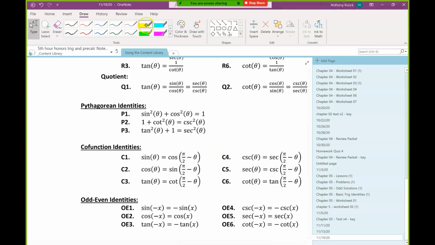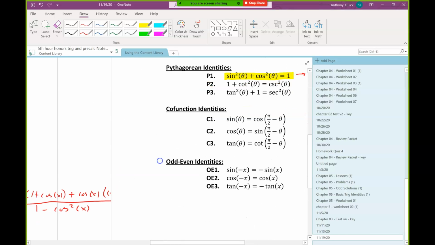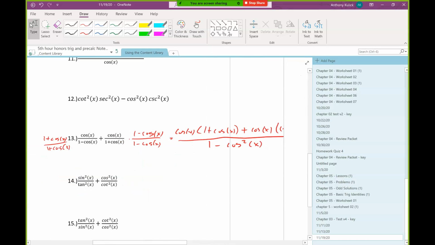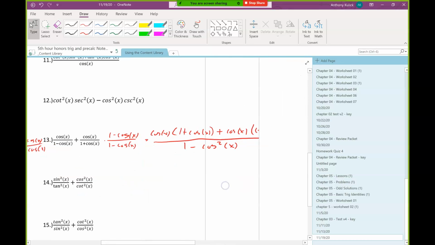So if I look at P1, if I subtract cosine squared from both sides, I get that sine squared is equal to 1 minus cosine squared. So this is what I'm going to use to turn the denominator into sine squared. And then in the numerator, I'll just do my distributing.